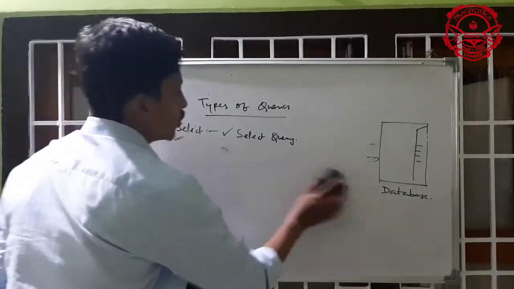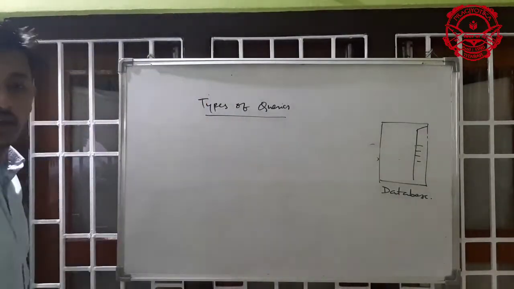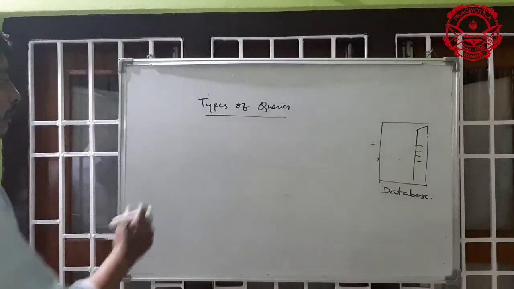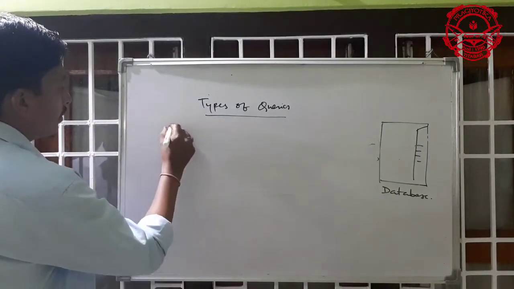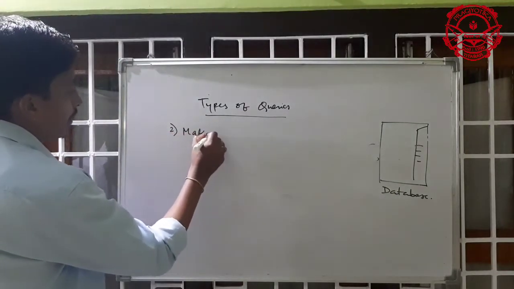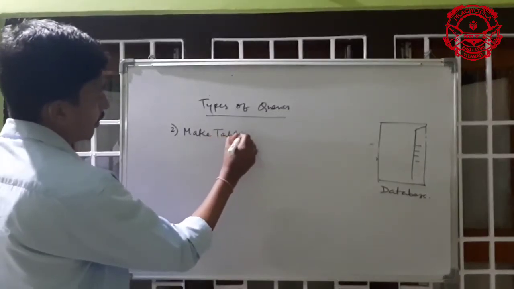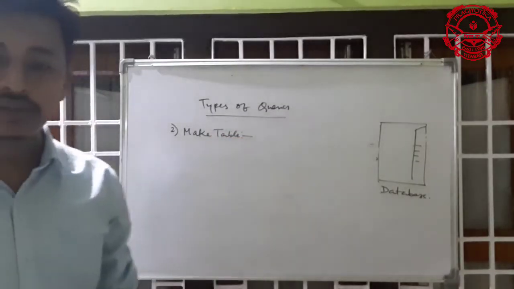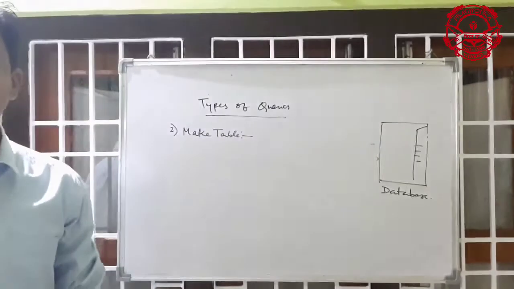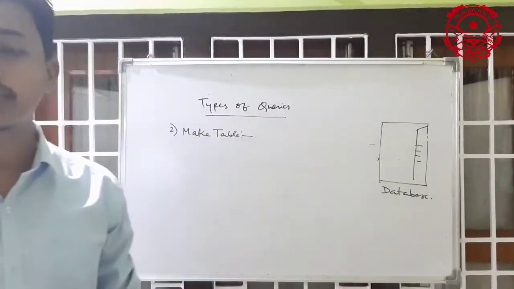Next, number 2 query is make table. Make table means what? This query selects and displays records and saves the records in a new table.